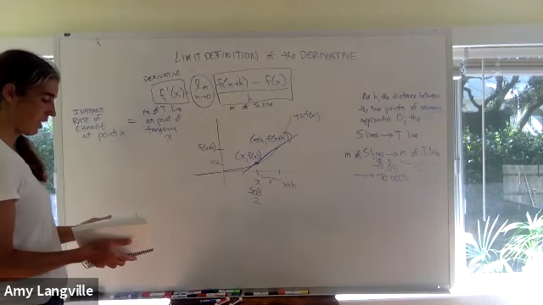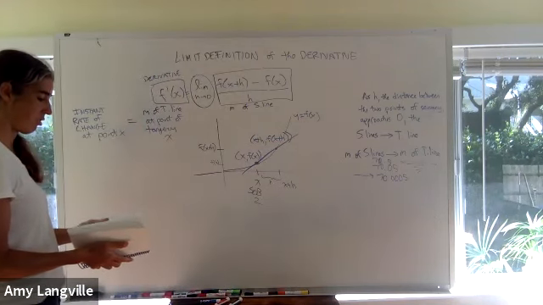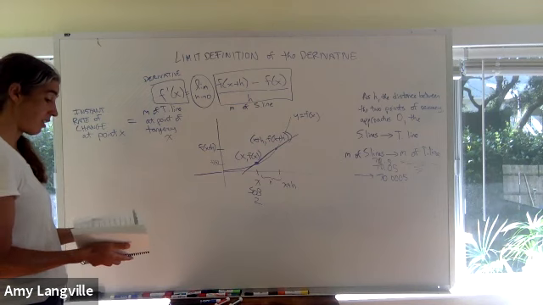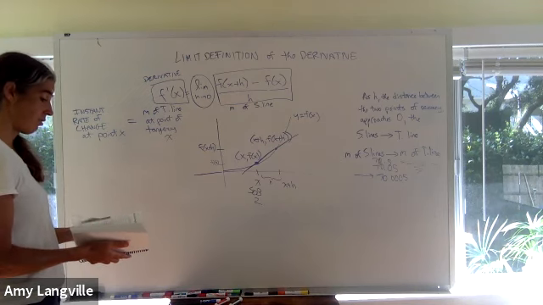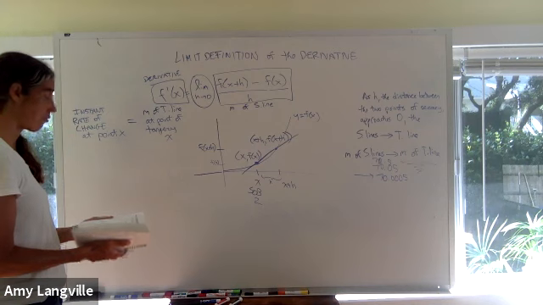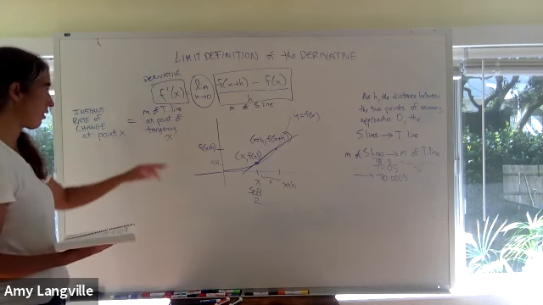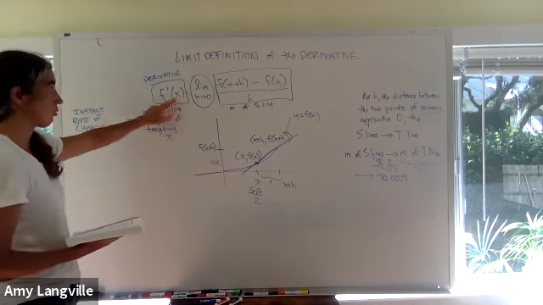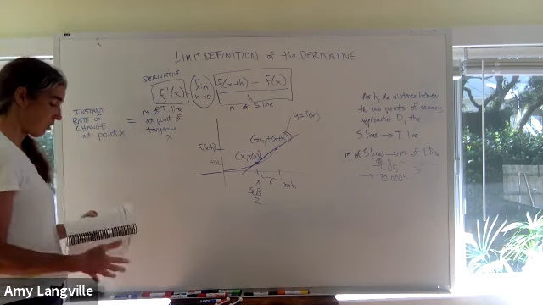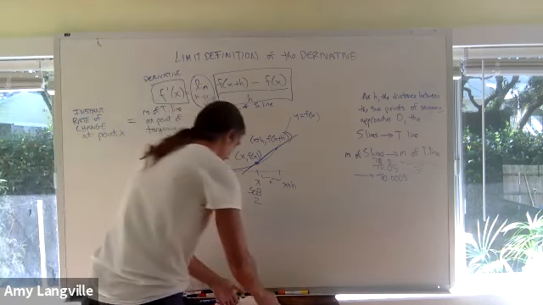And the next thing we want to make sure we understand about this limit definition of the derivative is that if you were to apply this to a particular function for any x, rather than at x equals 2, you can do it for any x, you create something called the derivative function.